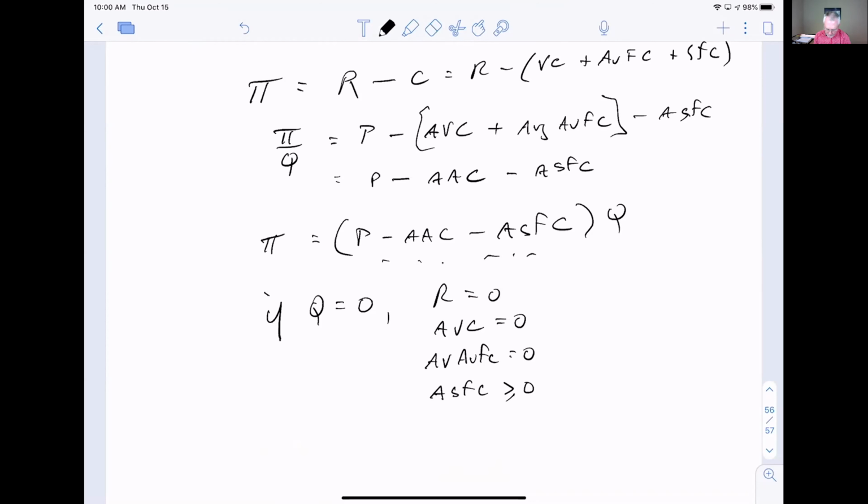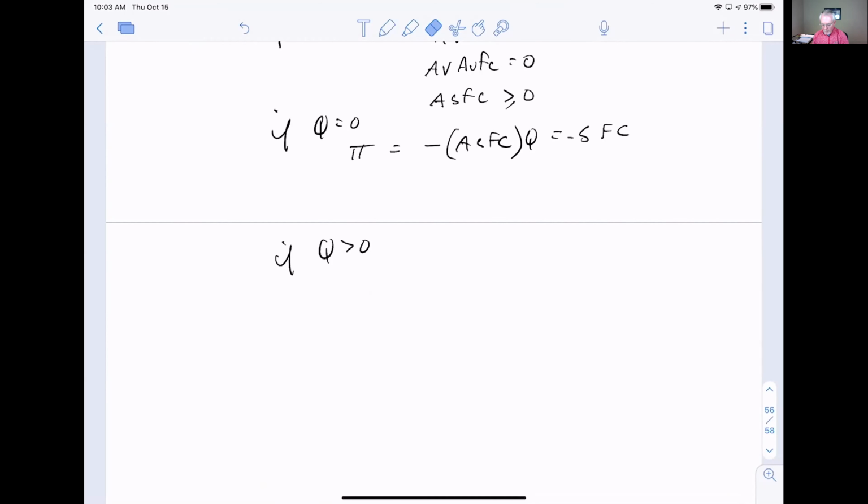So if Q equals 0, profit will be equal to the negative of average sunk fixed costs times Q, which is simply the negative of sunk fixed cost. So if the firm shuts down, it loses it. All right, so if Q equals 0, the firm, if it has positive sunk fixed costs, will lose the sunk fixed costs.